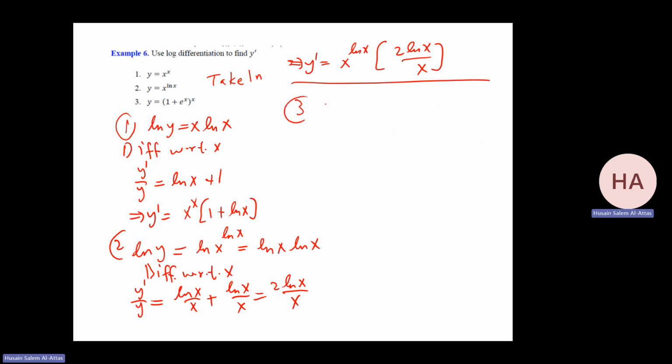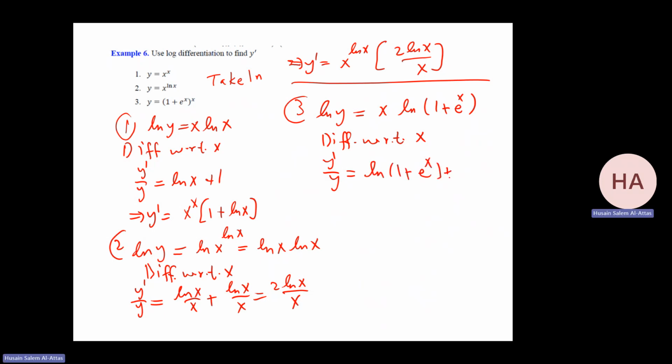Third one, I have ln y equals x ln of (1 plus e to the power x). Differentiate with respect to x. We get y prime over y equals a product of two functions: ln of (1 plus e to the power x) plus x times the derivative of this, which is e to the power x over (1 plus e to the power x).